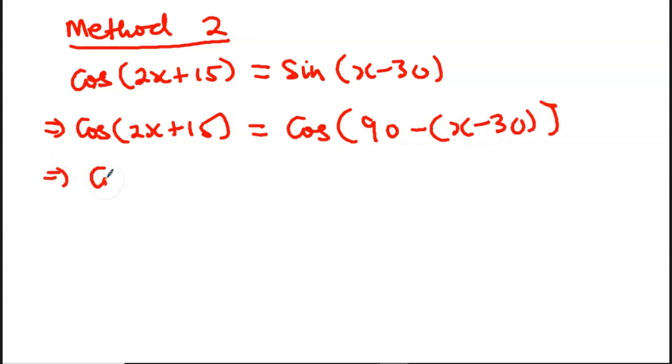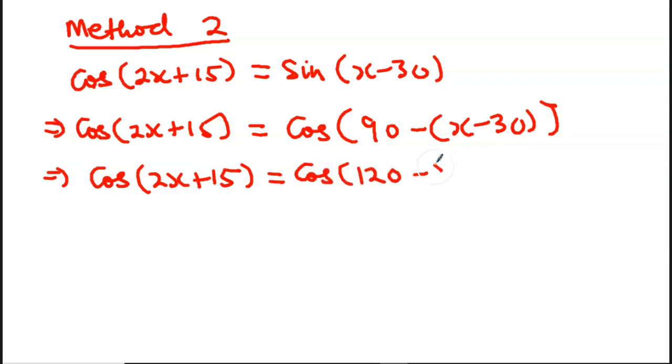Simplifying, we have cos(2x + 15) will be equal to, when you open the bracket, the minus will affect the 30. So 90 plus 30 will have 120 minus x. So we have cos, and if the ratios are the same, you can equate the angles.